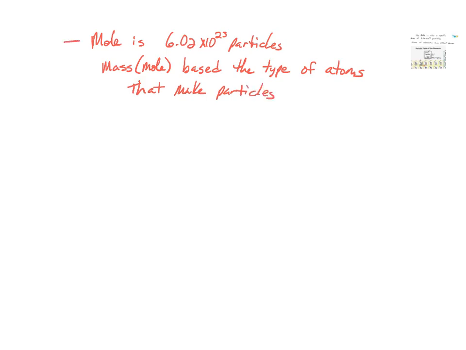So we've got a number of particles, we have a weight of that number of particles, and then finally in a gas, and this is important, this only works for gases only, we can calculate the volume those particles would take up.